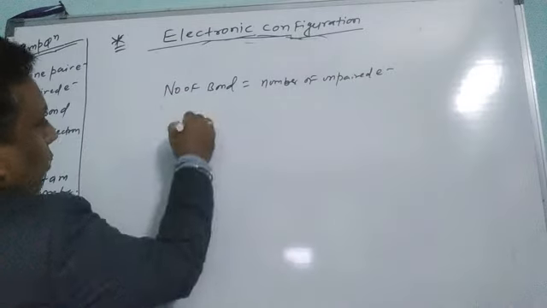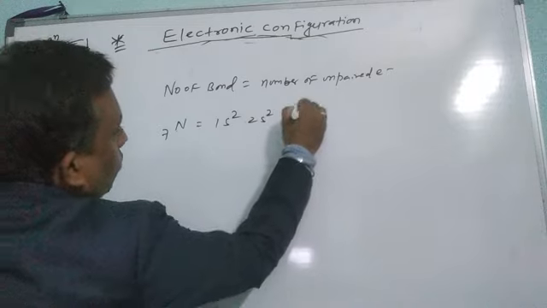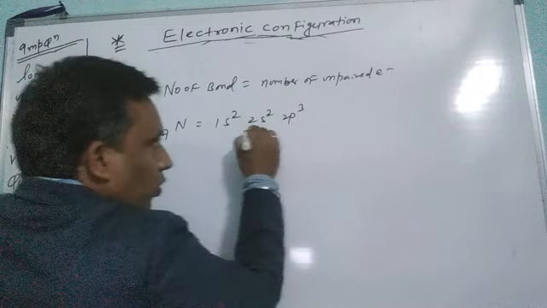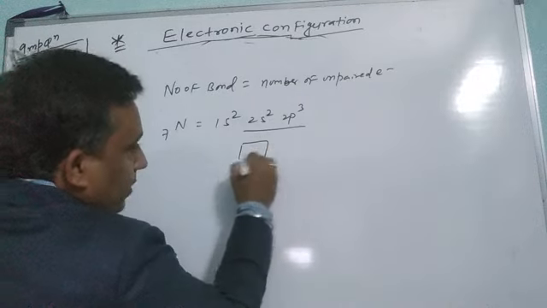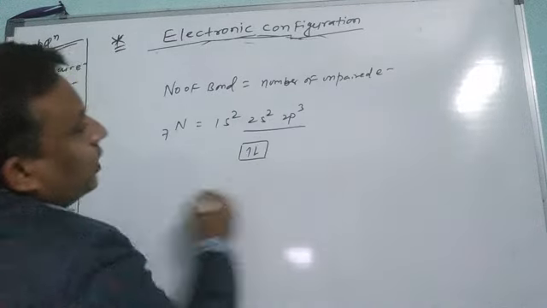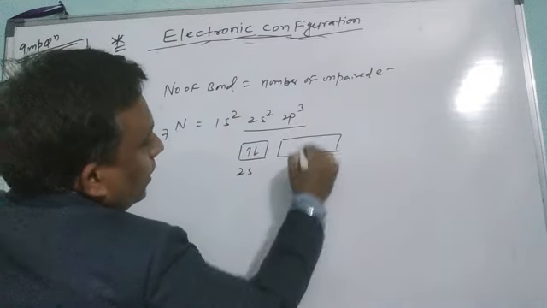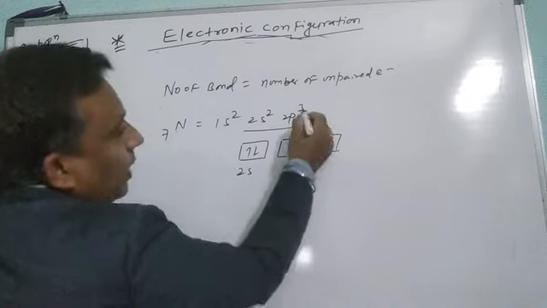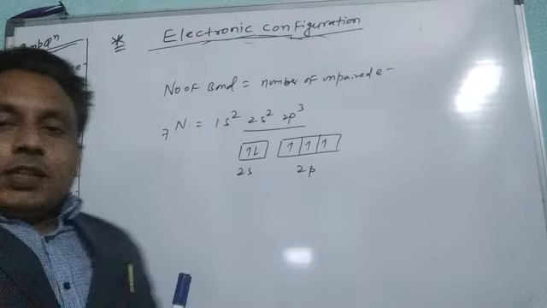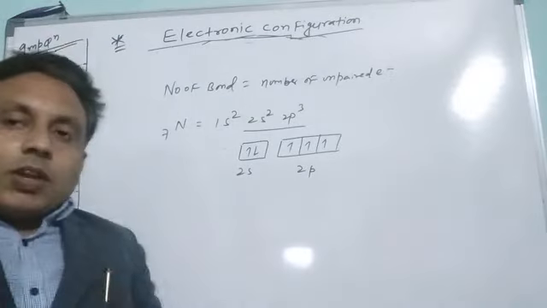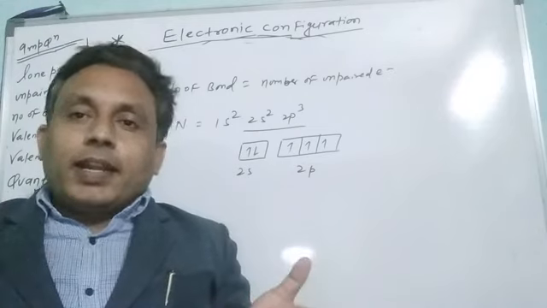Suppose this is nitrogen. Atomic number 7: 1s2, 2s2, 2p3. We draw the structure of the suborbital 2s. How many electrons are present in 2s? 2 electrons. This is the structure of 2p. How many electrons? 3 electrons. 1, 2, 3. When one suborbital contains 2 electrons, then they are counted as a lone pair.